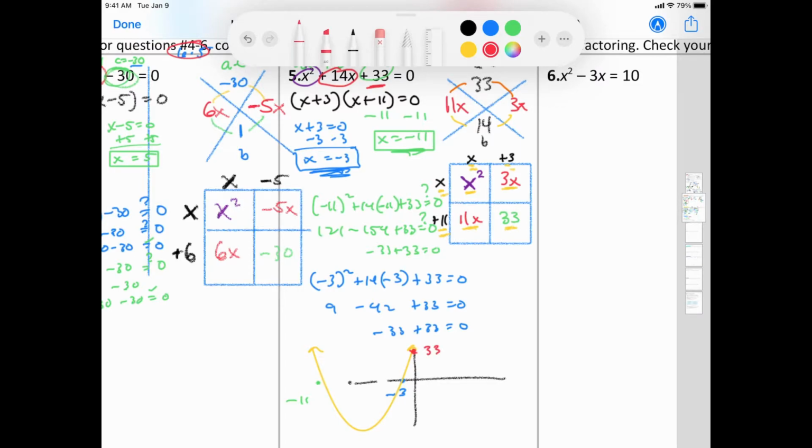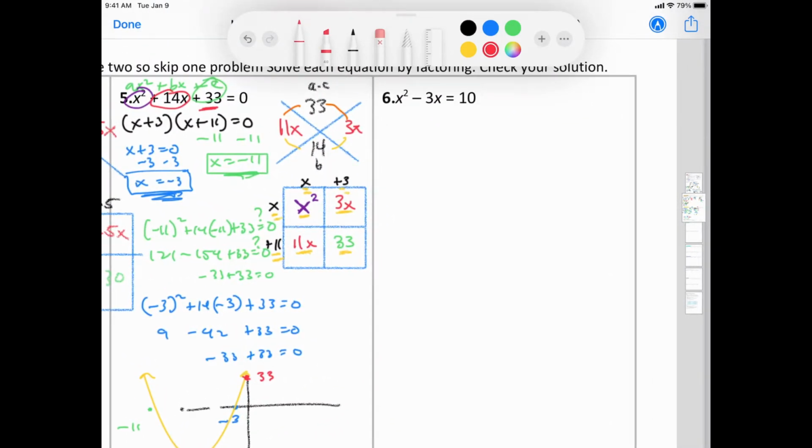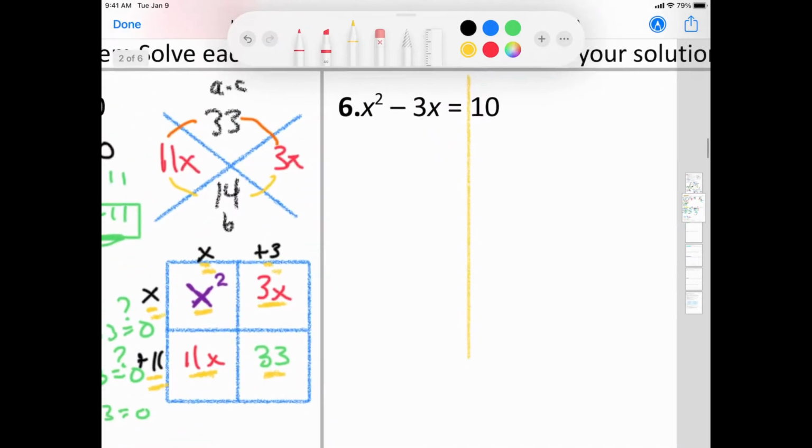Okay. And the last one here, number 6. Okay, so the temptation here is to try to go ahead and solve this, but question number 1, is it set equal to 0? It is not. So let's go ahead and move that 10 over.